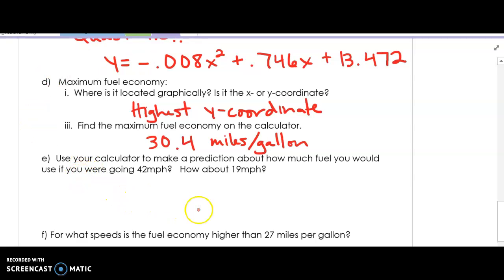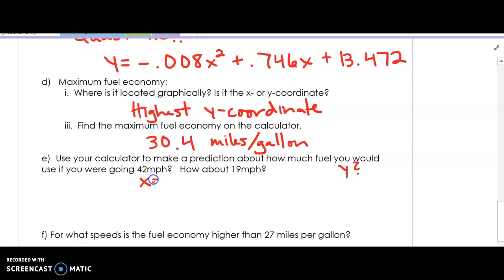Using our calculators, using Desmos, using our regression equation, we want to make a prediction about how much fuel we would use. So it's like fuel economy. So what is Y if you were going 42 miles an hour? 42 miles an hour is my speed.